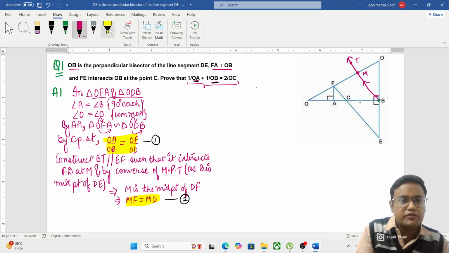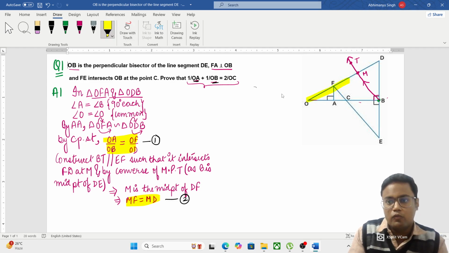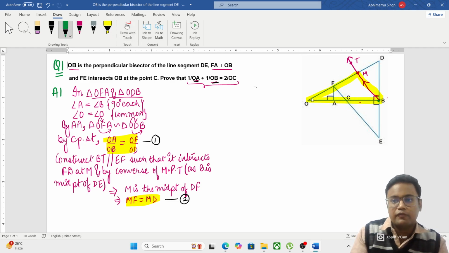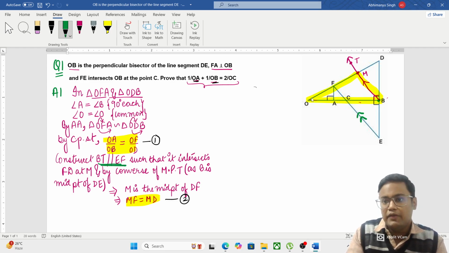Now the triangle which I need to take, children, OMB, this triangle. See, in this triangle you can see that you drew BT parallel to FE, right? What did we construct? We made BT parallel to FE, so BM will also be parallel to CF, right? See this triangle I'm talking about, this one.